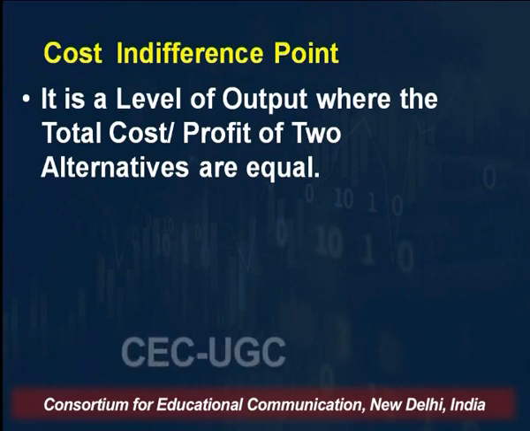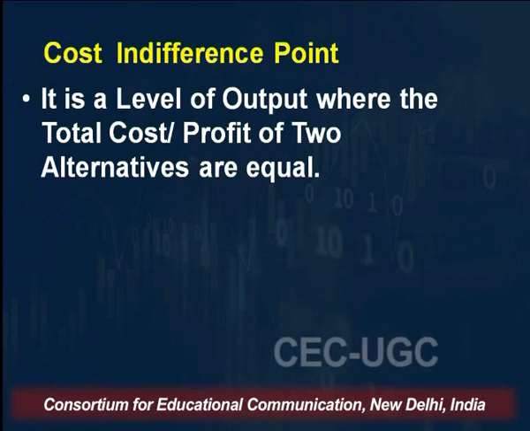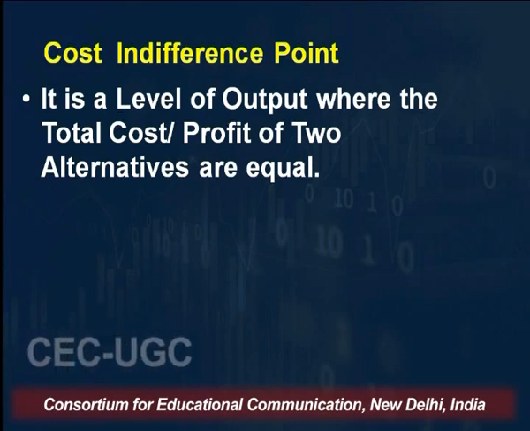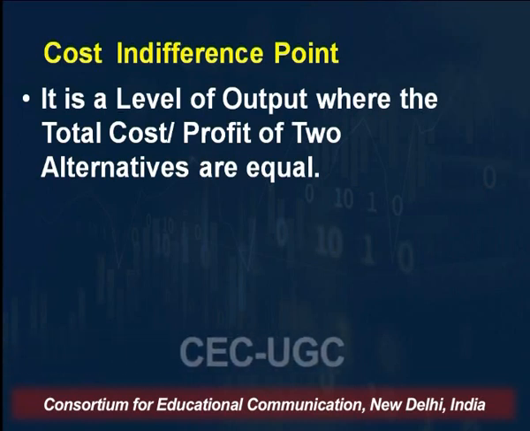So we have to identify a level of output where we are neutral in terms of cost effectiveness. Suppose you have two different ways of completing a particular process, process A and process B, and in both the processes you require a different amount to be spent.